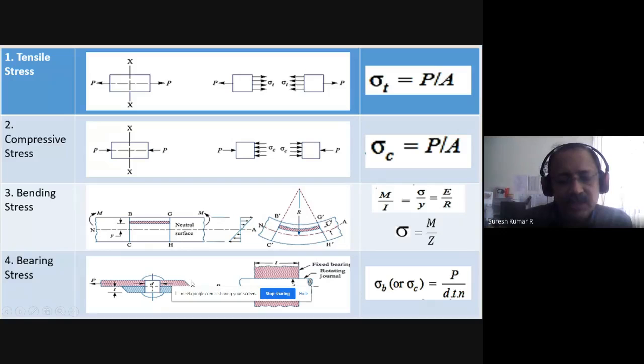Even in riveted joints, the circular face bears with the plates. So bearing area is always a projected area, and hence the bearing stress is P by d into t into n. These are all normal stresses. You can see the notation also: sigma is the symbol used for normal stresses.